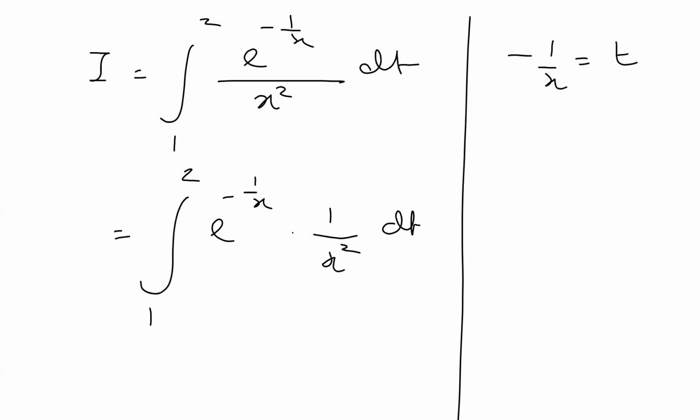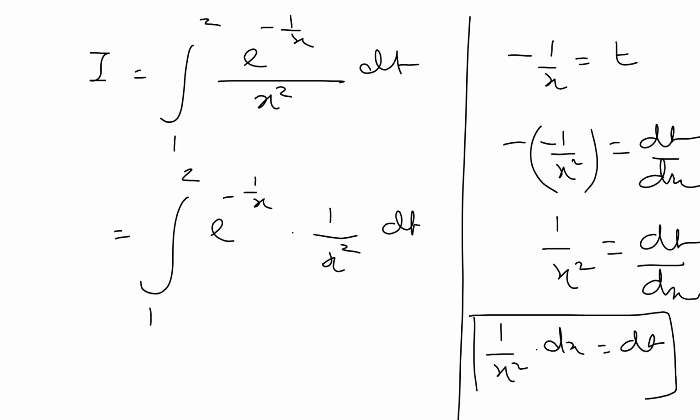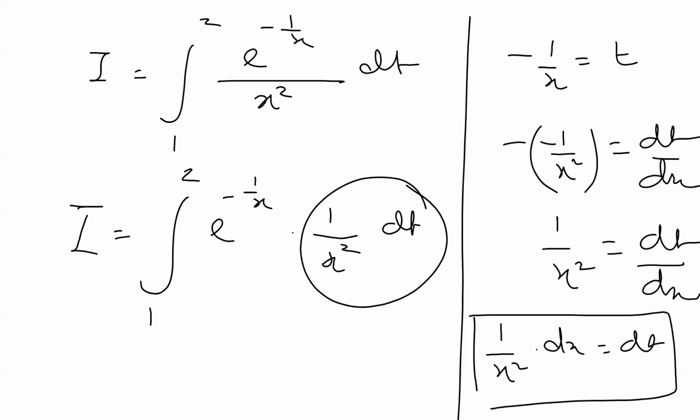So let's put minus 1 upon x is t. Derivative of minus 1 upon x is this, so 1 upon x square dx will be dt. And you have to change the limits and so on and so forth. Don't forget to change the limits.